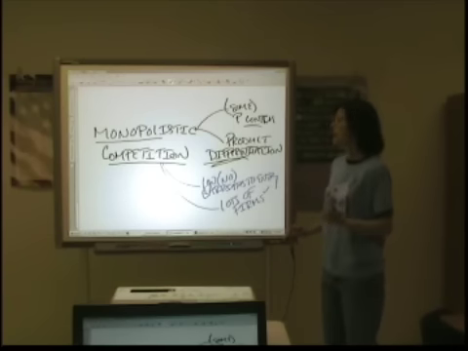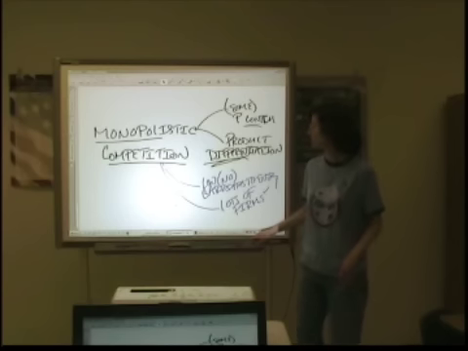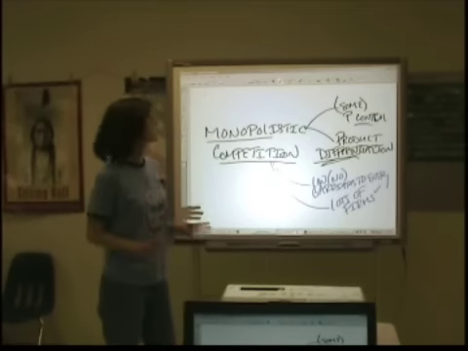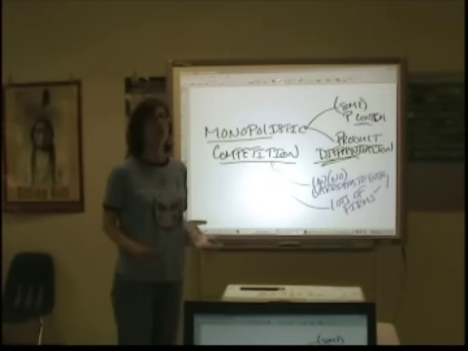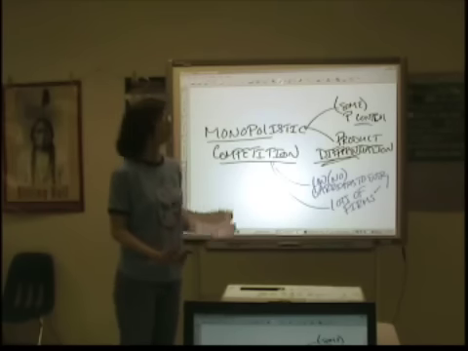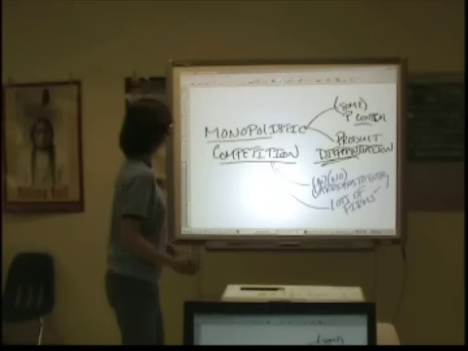And the last thing, and this is going to be really the important thing, with monopolistic competition. With perfect competition, we said in the long run, it's a zero profit market. With monopolistic, it's going to be pretty much the same thing.